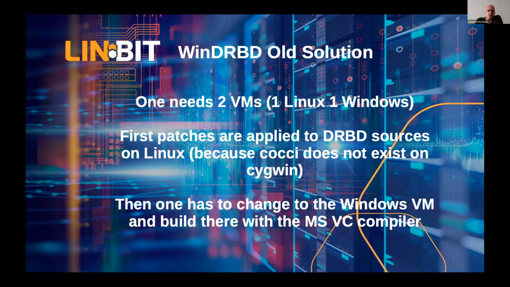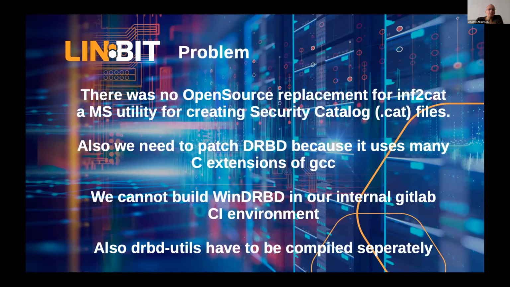Yeah, we already had that. The old solution is this. Now, signing a driver and a cat file, there is an open source utility which does this, but generating the security catalog file, the cat file, wasn't possible with open source software until now.